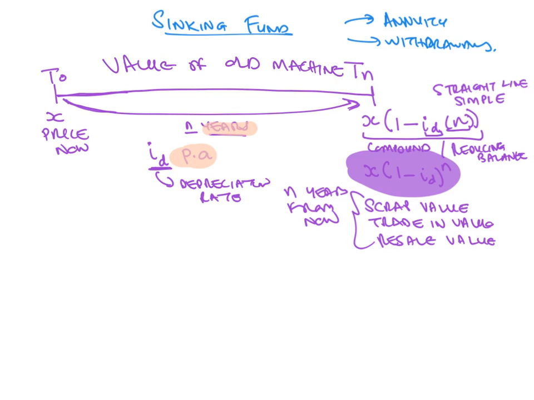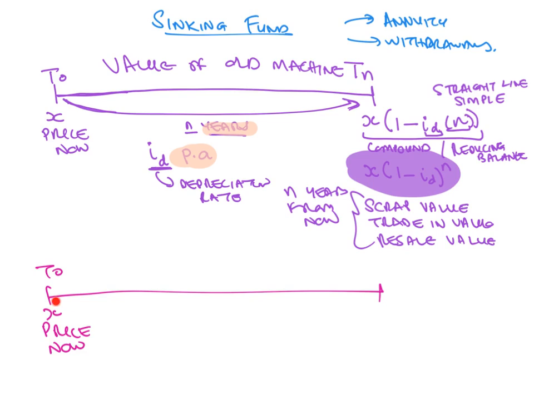Okay, now say I do know that the price at T naught is X. Now when I'm buying the vehicle, this is the price. Say I know that n years from now, the machine that I have currently is going to reduce in value. And so I won't be able to get the amount that I purchased it for. I'm going to get something less.